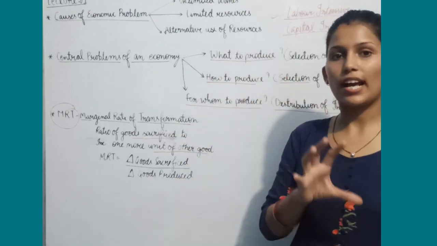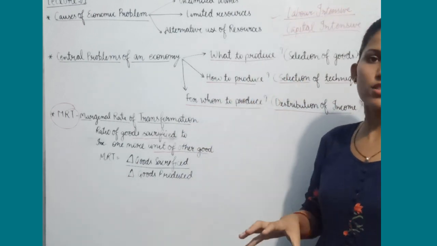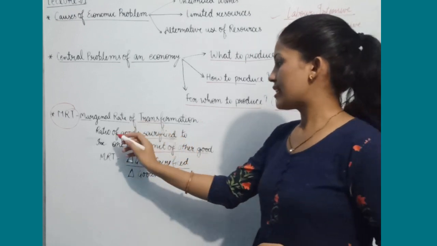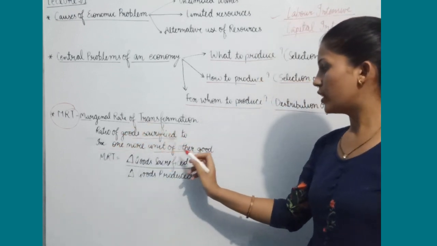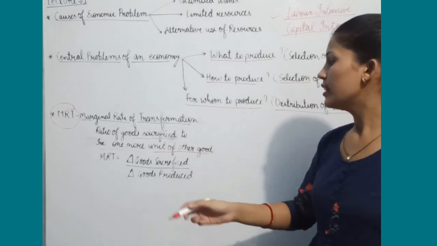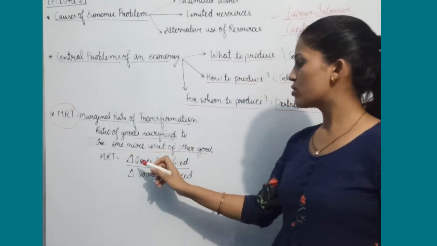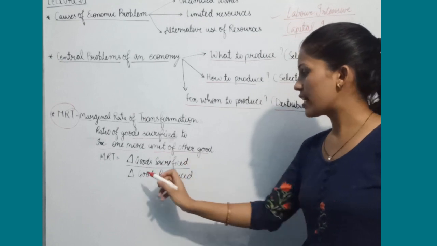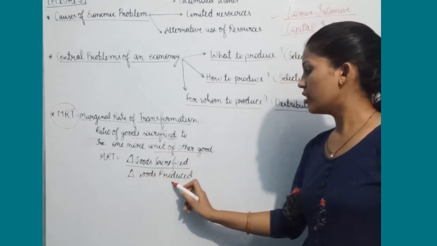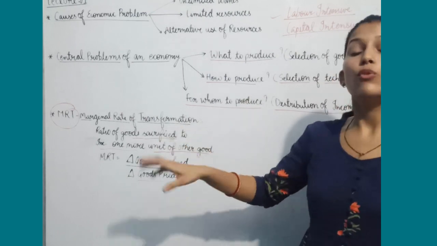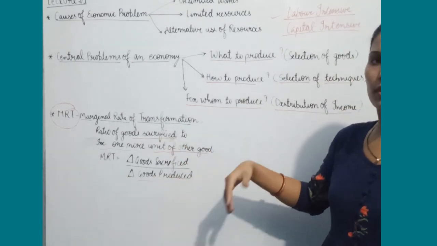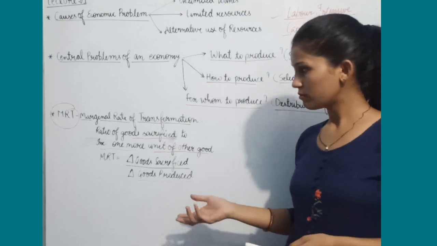So I have to utilize only that particular resource. So it is a ratio of goods sacrificed to increase one more unit of the other good. Clear? Its formula is MRT equals change in goods sacrificed upon change in goods produced, or the increase in one more unit of that second product. Clear? Okay.